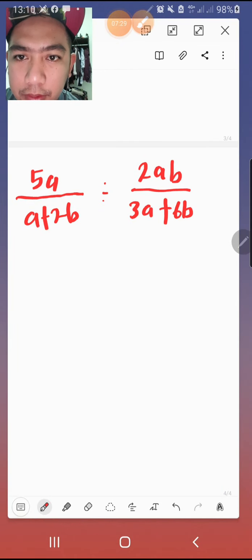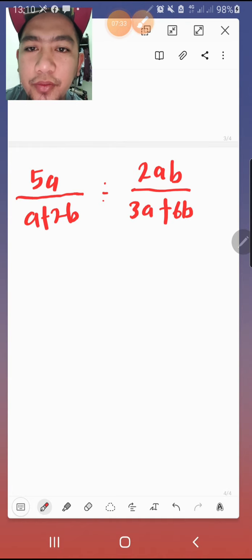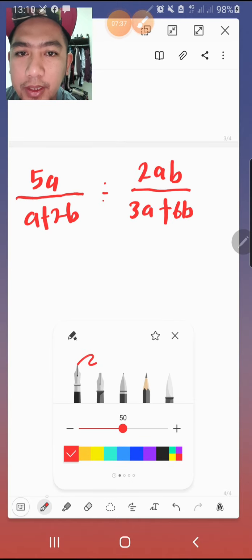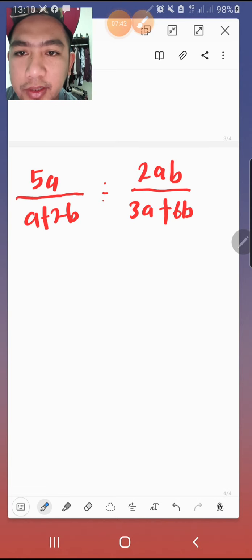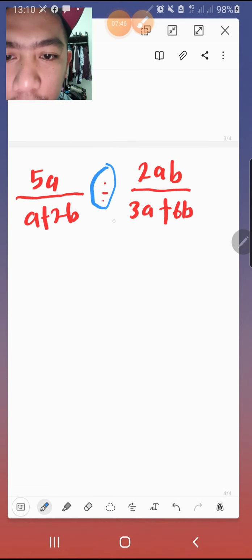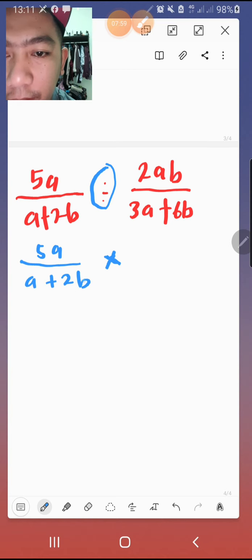Now the next example is 5a over a plus 2b divided by 2ab over 3a plus 6b. How to solve this question? Here is divide, right? So we need to change to multiply. What happens when we change to multiply? This one has no change: 5a over a plus 2b.